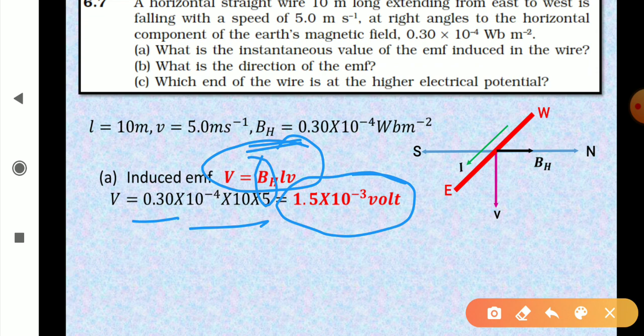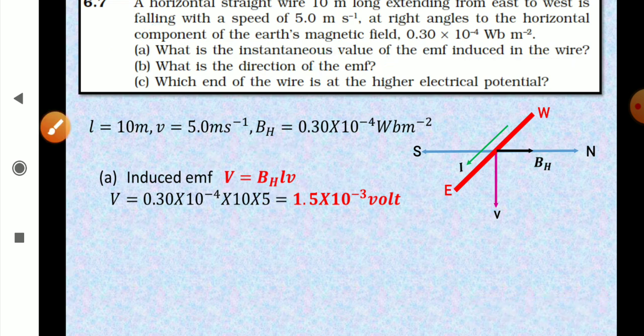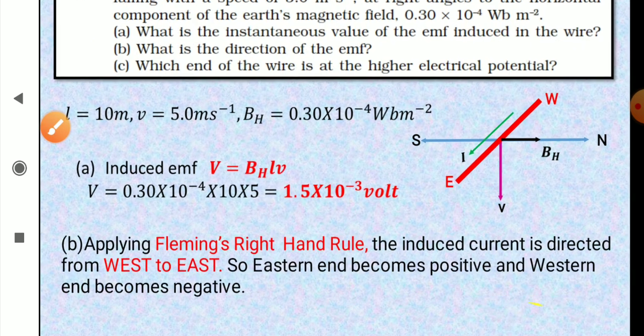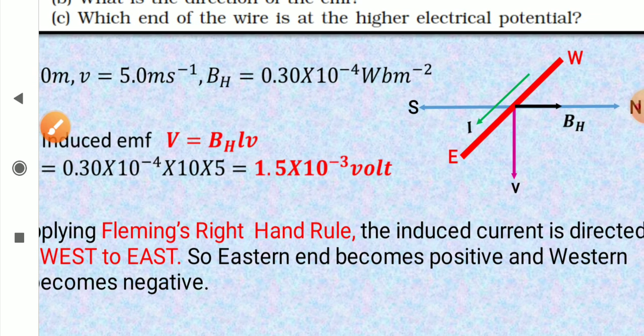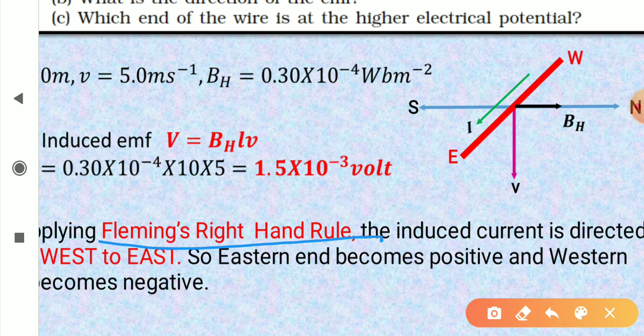So the first part of the question was, what is the instantaneous value of EMF induced in the wire? Second is, what is the direction of EMF? To find the direction of EMF, you have to use Fleming's right hand rule. When you apply Fleming's right hand rule, you extend your thumb, index finger and middle finger of the right hand.